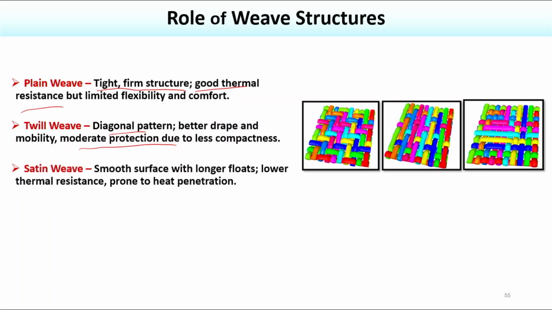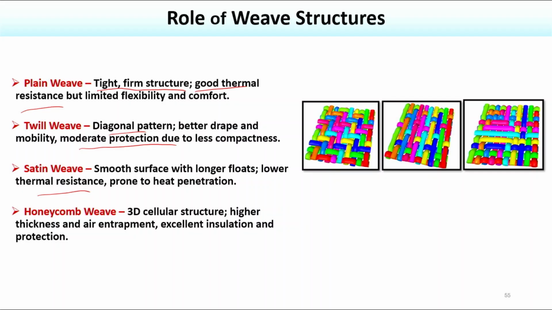Now, satin. Here floats are longer, and that is why the surface is smooth. So, there is lower thermal resistance due to the longer float, and heat penetrates easily through the satin fabric because there is a chance of thread distortions.